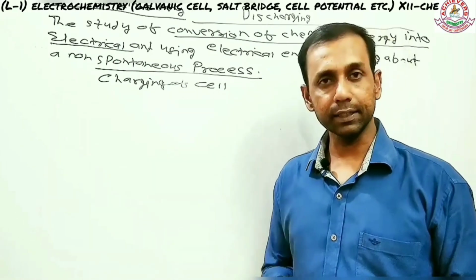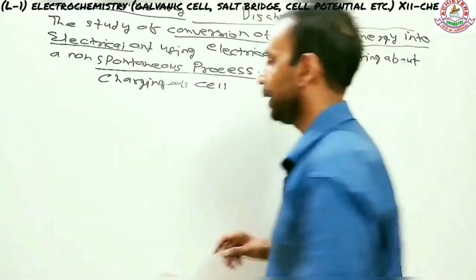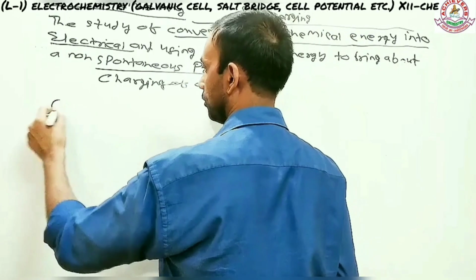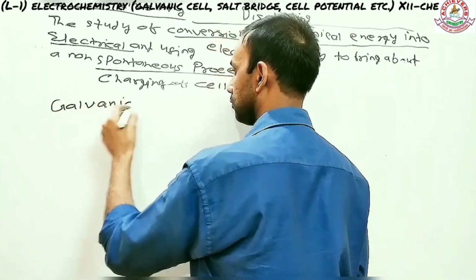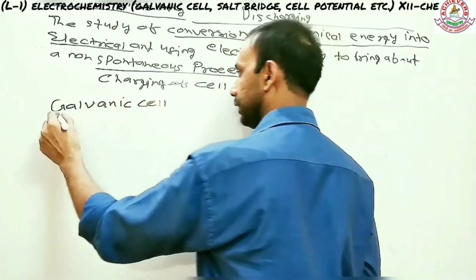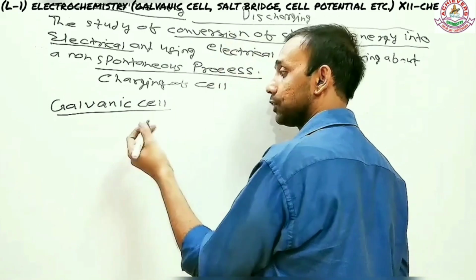What we need to start here is a galvanic cell. That's going to be the next topic. So a galvanic cell. This can also be called an electrochemical cell.